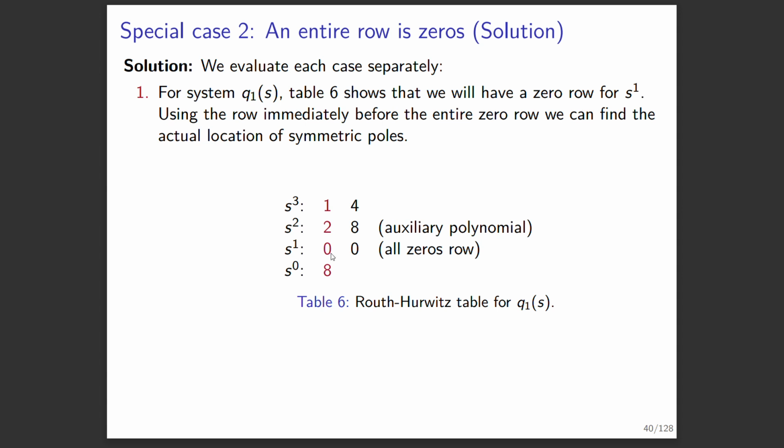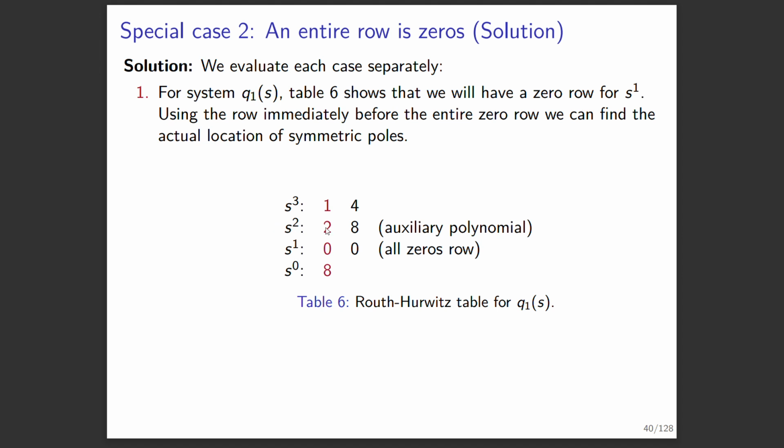Now what that means is that I know I have symmetricity among the poles. What should I do? I need to form an auxiliary polynomial by going to the row right above the row of all zeros, and using these numbers as the coefficients of my polynomial. What would be a polynomial with 2 and 8 as the coefficients?